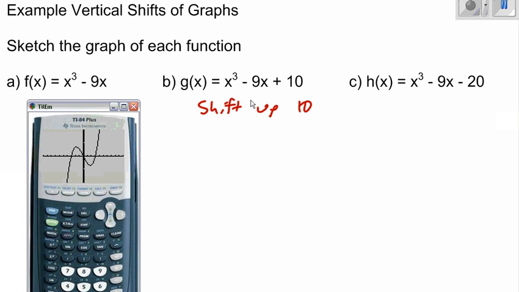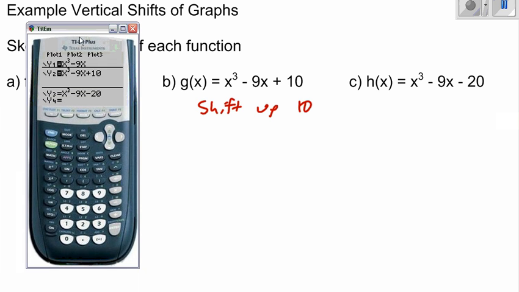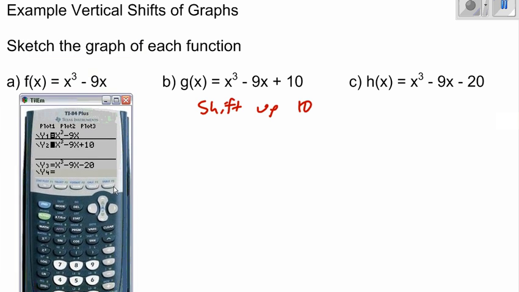Now, the graph of part B, I'll go ahead and sketch it right here with part A still. And it should be shifted up 10 units.